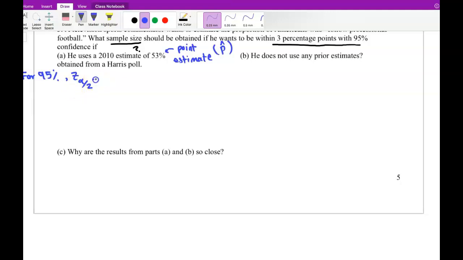Okay, so this is equal to Z alpha divided by 2. So alpha is, okay, I'm writing that here. So alpha is 5%. So here we have 5% divided by 2. This is Z 0.025.